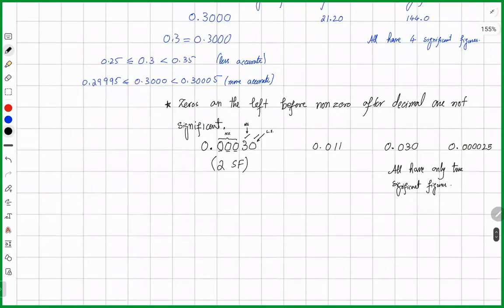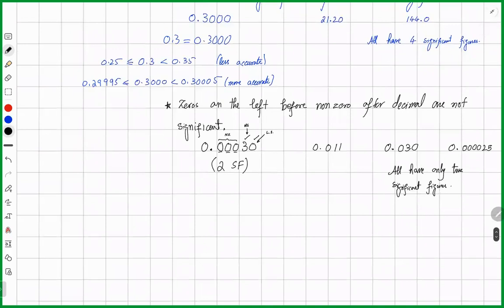Okay. Significant figures are different from decimal places.